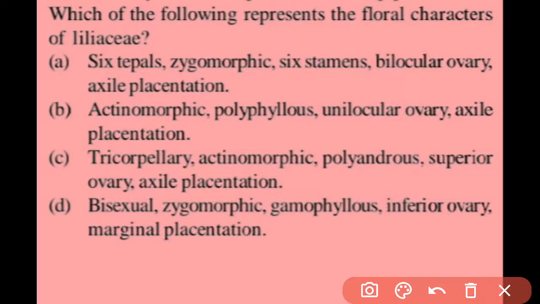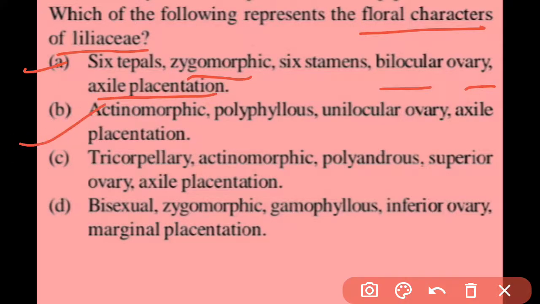Which of the following represents the floral characters of Liliaceae? Here we have to identify the correct statement. First is 6 petals, zygomorphic, 6 stamens, bilocular ovary, axile placentation. Second one is actinomorphic, polyphyllous, unilocular ovary, axile placentation.